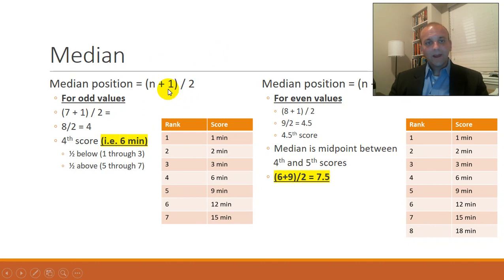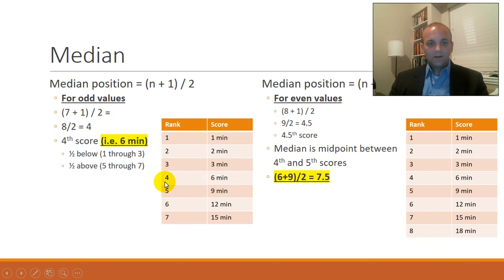And what we're doing is adding 1 and dividing by 2. A fairly simple equation. It's not too computationally intensive by any means. So you have 7, you add 1 onto it, you get 8 divided by 2, and that's 4. So here you have the 4th score, which is the median, okay?